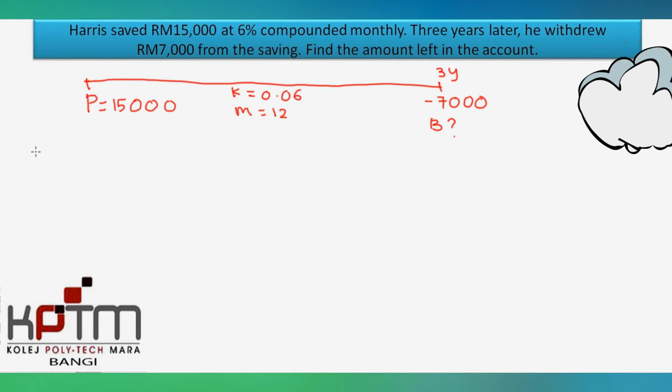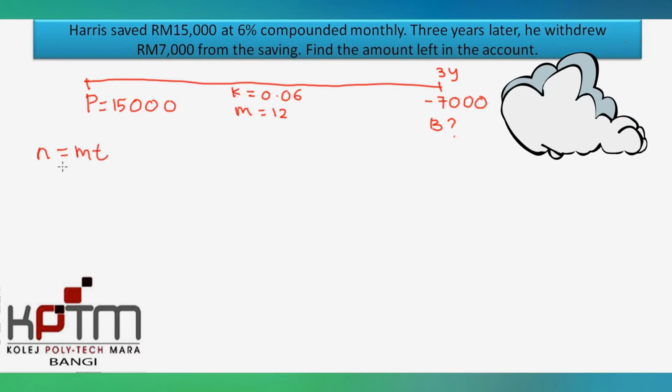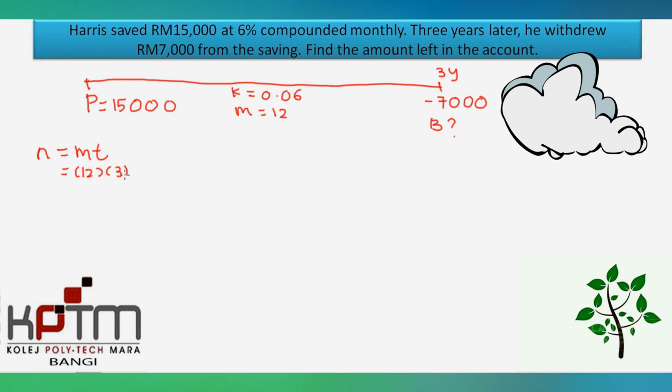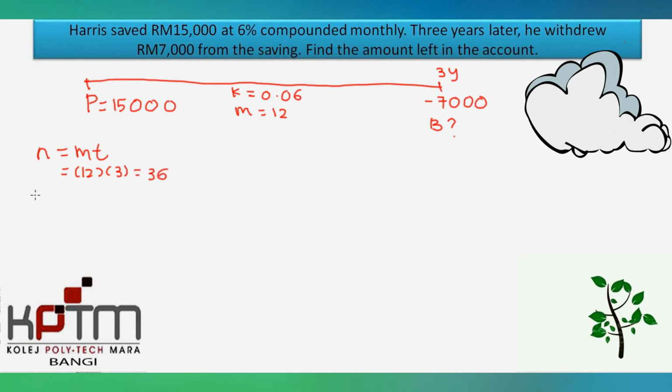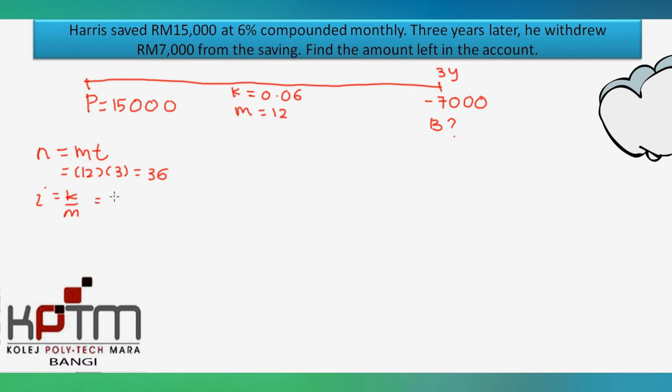From the formula, N equals MT, so our N should be 12 times 3, which is 36, and our I equals K over M, that is 0.06 divided by 12.